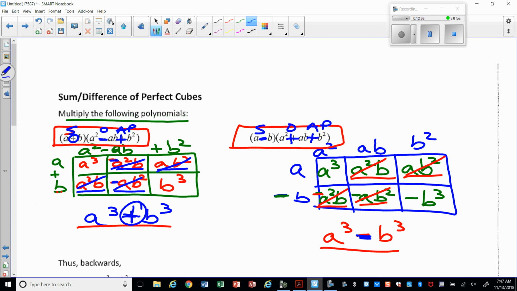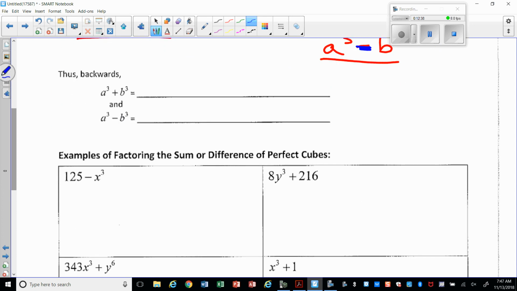Okay, so following this pattern, we can factor. So I know that I'm going to get a binomial and a trinomial, and because I have perfect cubes, because I have these little threes, these are perfect cubes.